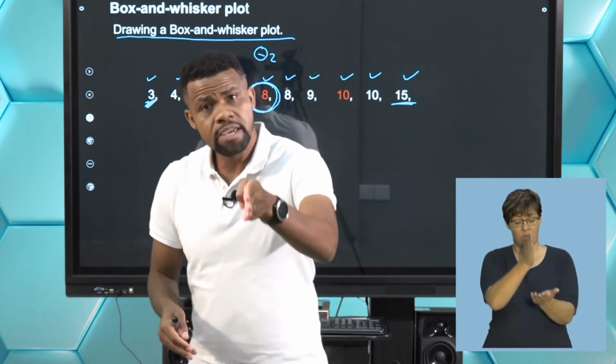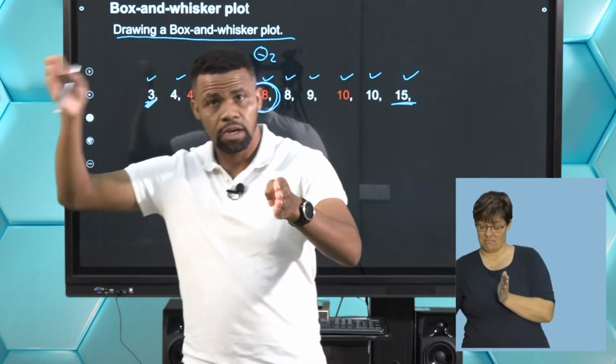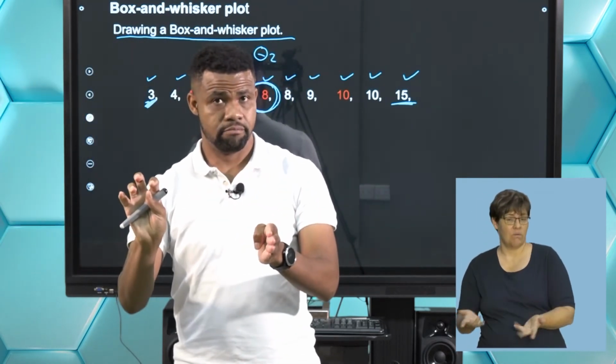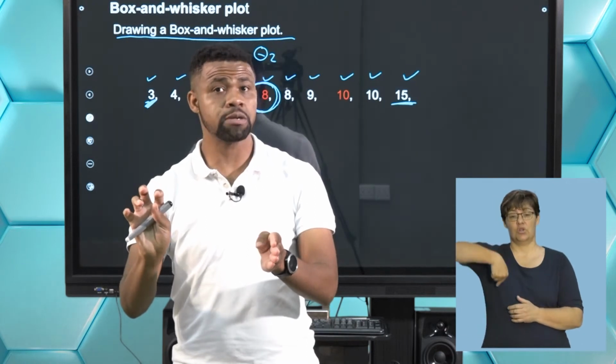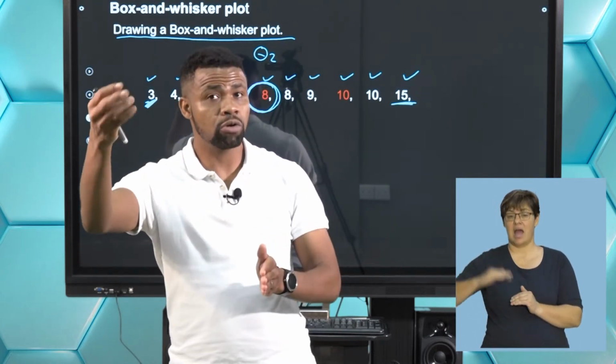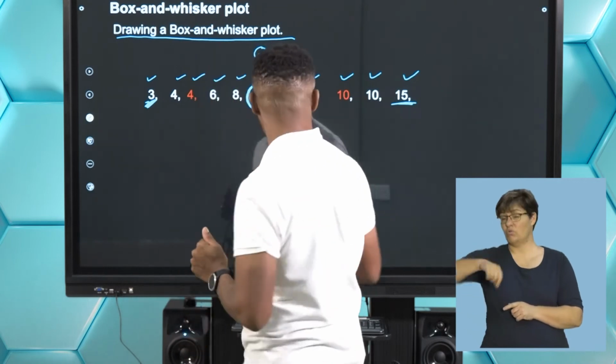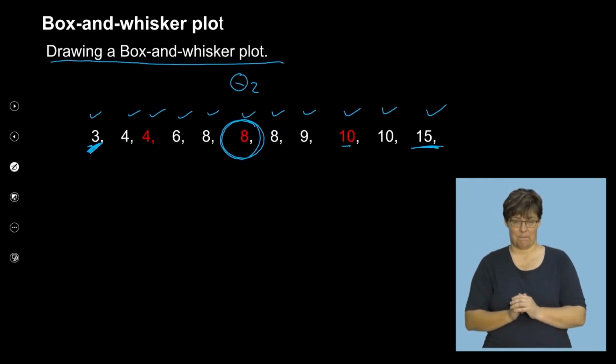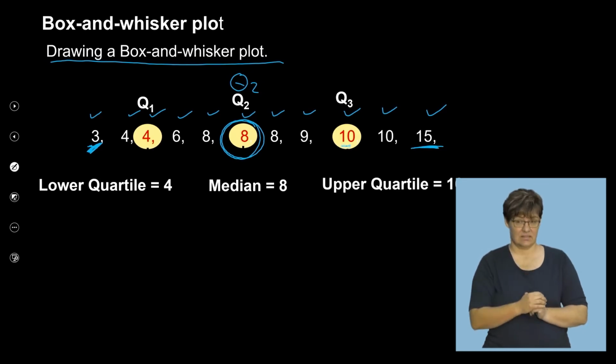Then from the median to the maximum, the last value, we calculate a median. The middle value, which is Q3, known as the upper quartile, which is the same thing, and we're getting 10. Can you see that? So if you look at that, this is what we have there.